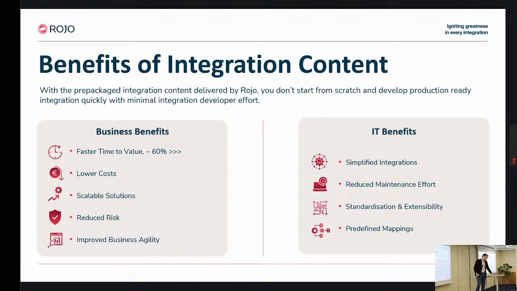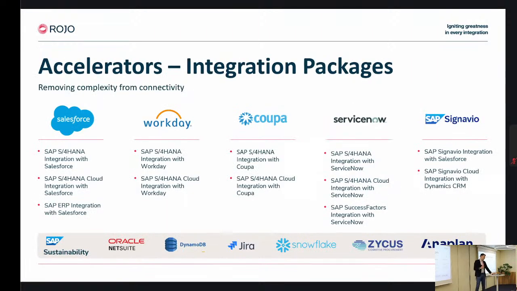So these are some of the business and IT benefits that hopefully you can see how quickly you can accelerate. Again, this is what Roberto was talking about. This is not only with these third party, we're also working very closely together with SAP on Signavio, it was mentioned. So SAP Signavio integration with any of the third party applications is there. You can start using it today, it's available. Same for SAP Sustainability, which is coming up. A whole extensive SAP Sustainability platform where you can track your footprint as an organization.